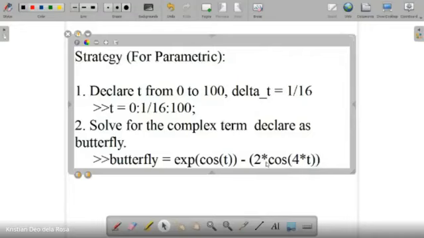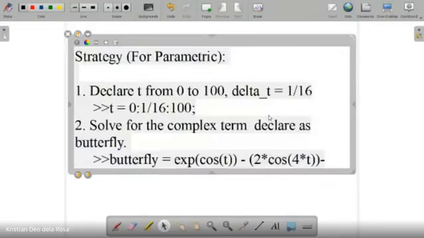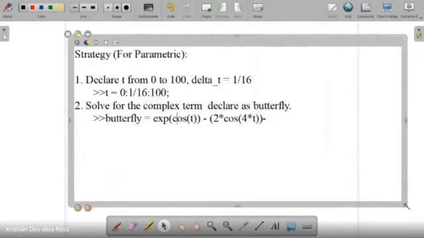Close it again. Minus, maybe I can now reduce this a little bit. So that is 36. All right. Okay, so minus 40, 2 cosine 4 times t.